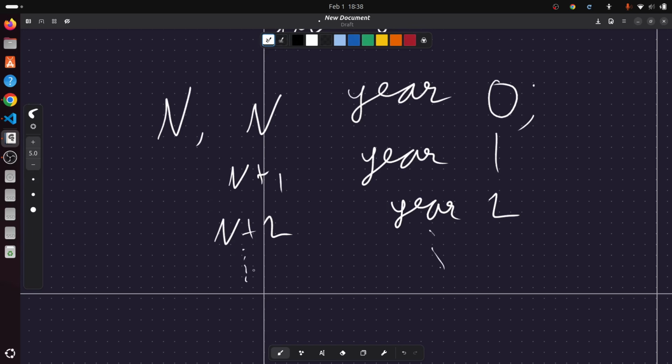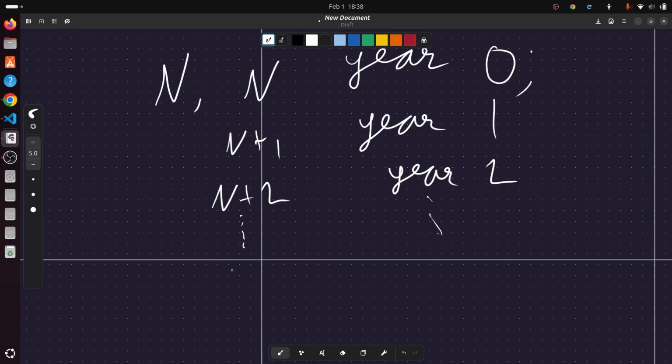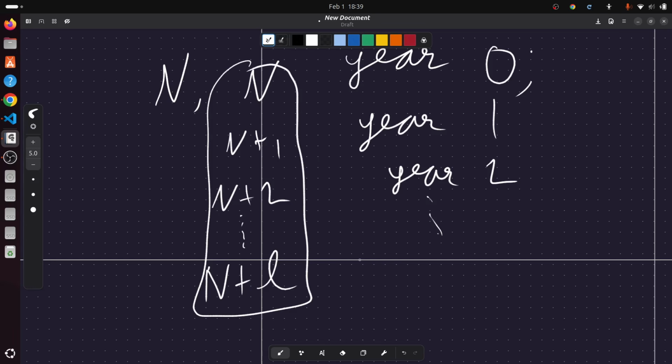So eventually this sum would exceed k. Like if this is n plus l and the sum of this thing is greater than or equal to k, we have to find the value of l such that this sum becomes greater than or equal to k for the first time. Like we have to find the lowest value of l.